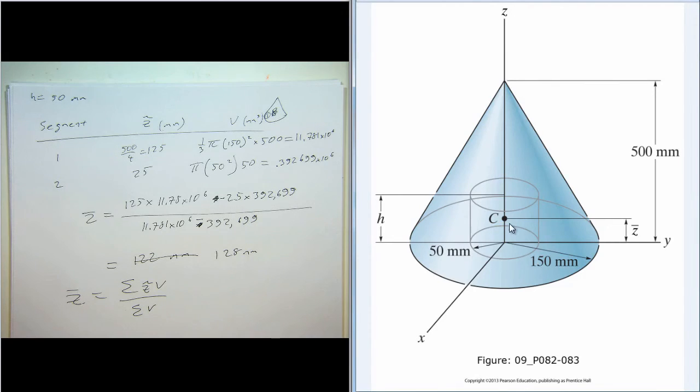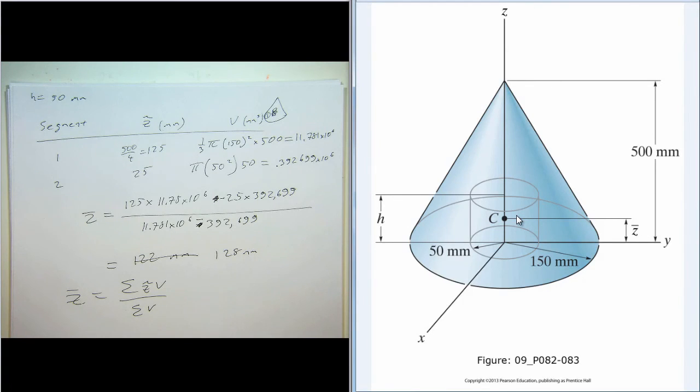So you can see removing this material moved the centroid up a little bit from where I originally calculated it. That's one thing that's easy to do: make the table, but then forget when you're doing the summation that holes are actually negative values. So that's one thing to watch out for.